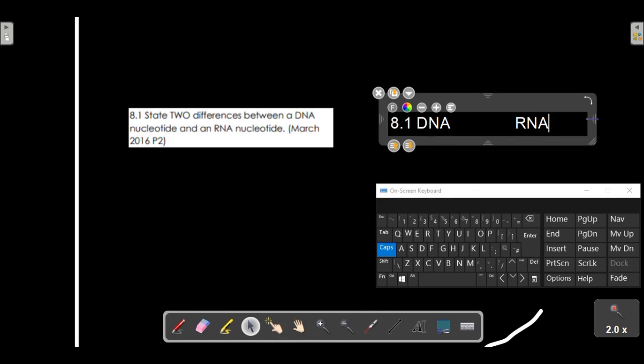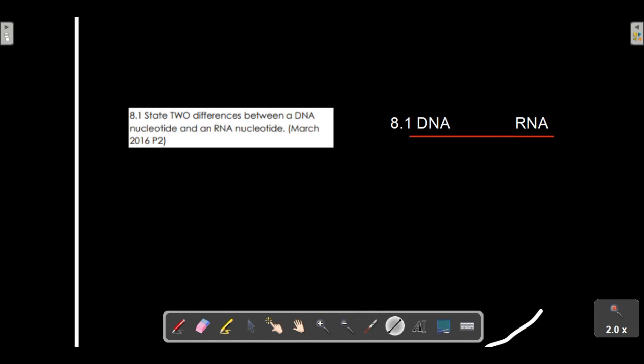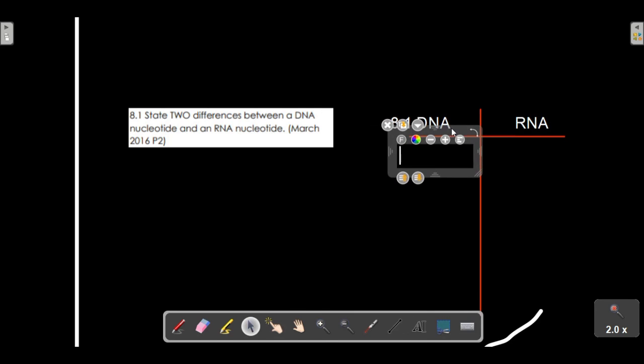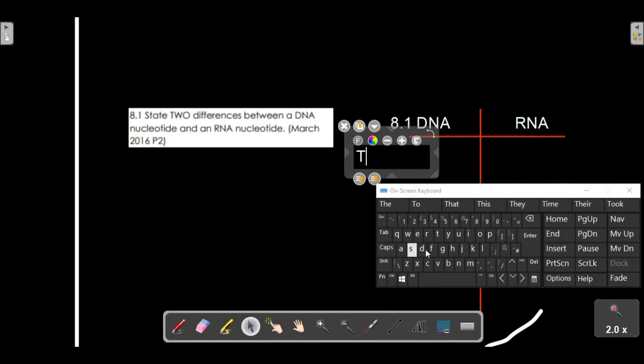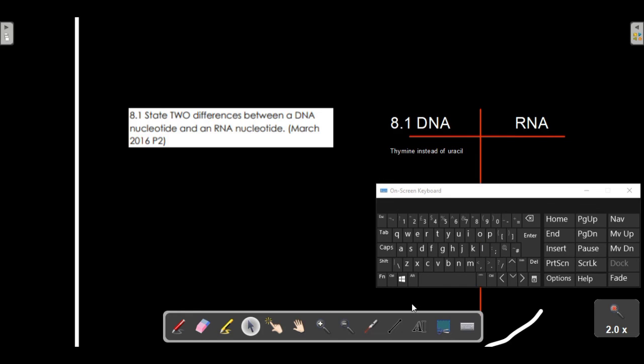So first things first is that the DNA has thymine instead of uracil as a nitrogenous base, whereas RNA has the opposite, which is uracil.